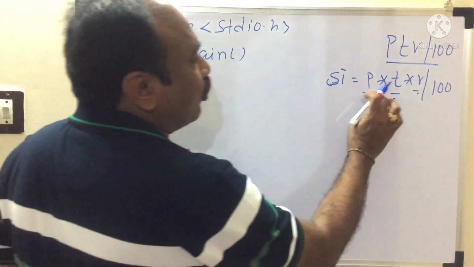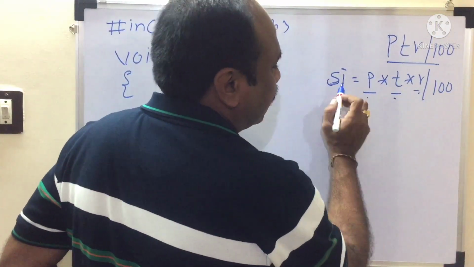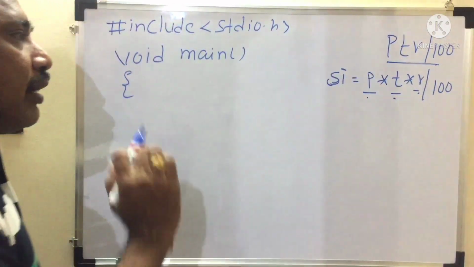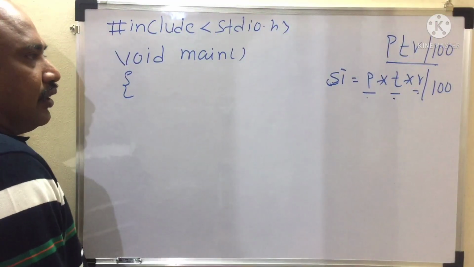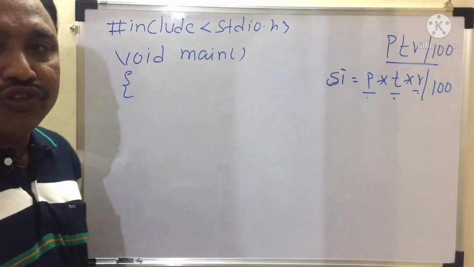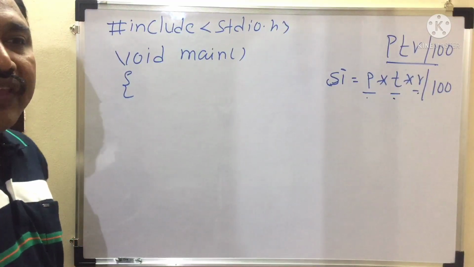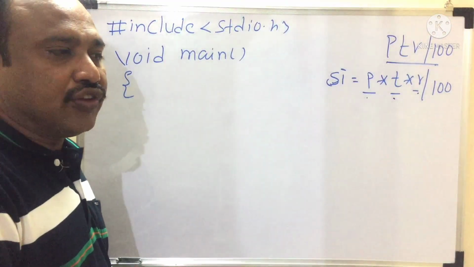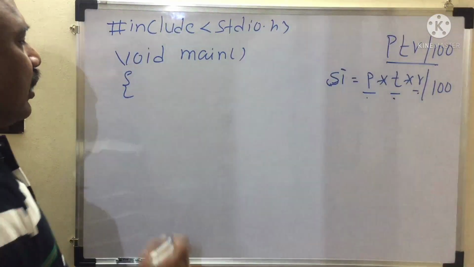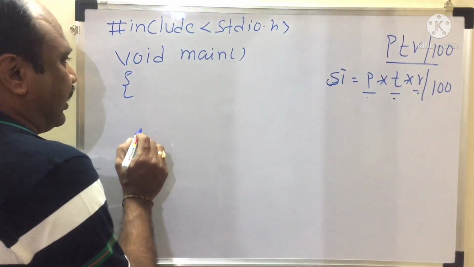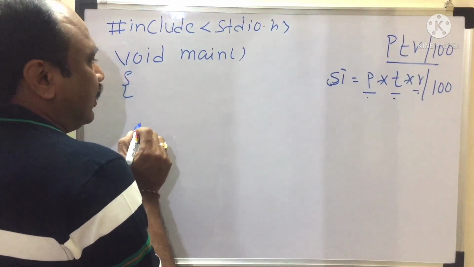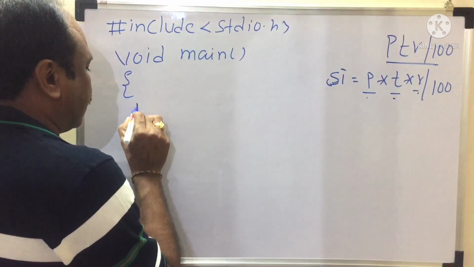We are going to use 4 values: P, T, R and SI. What type of values do they have to accept? If they have to accept integer values, specify using the int keyword. If they have to accept float values, specify using the float keyword. Here I am specifying P, T, R and SI as integer.